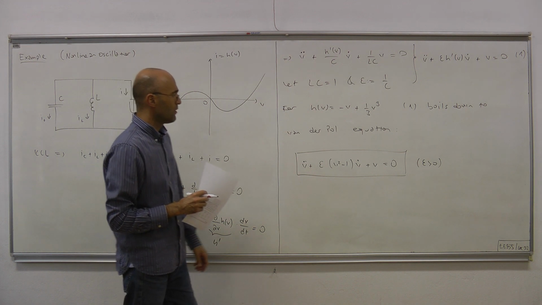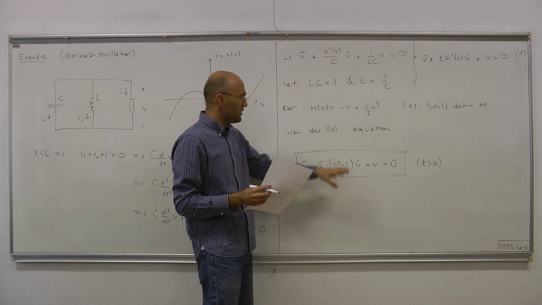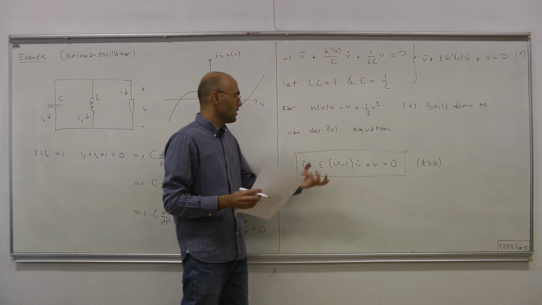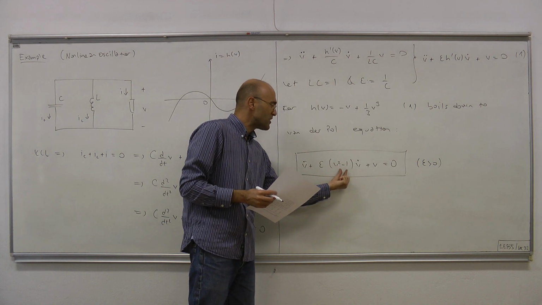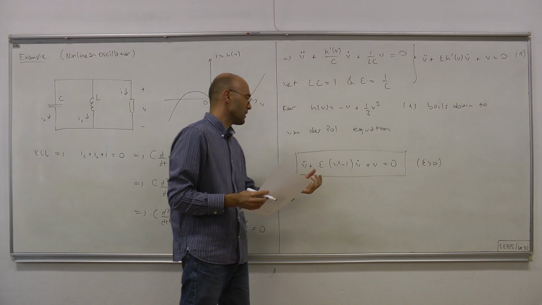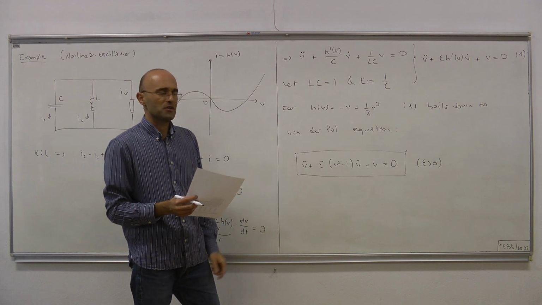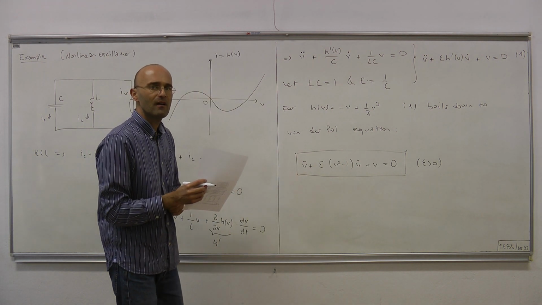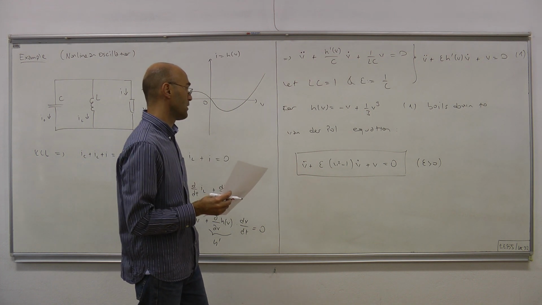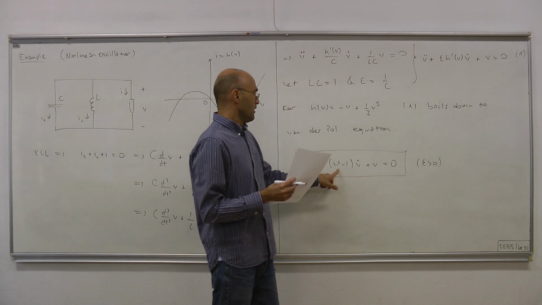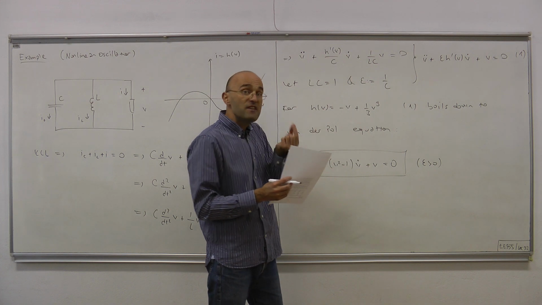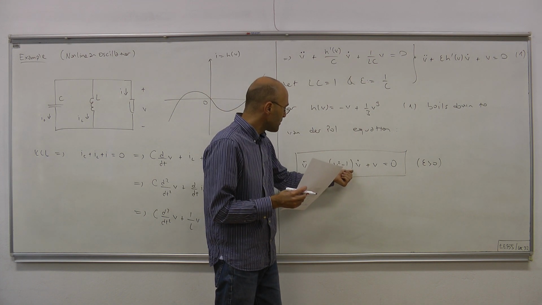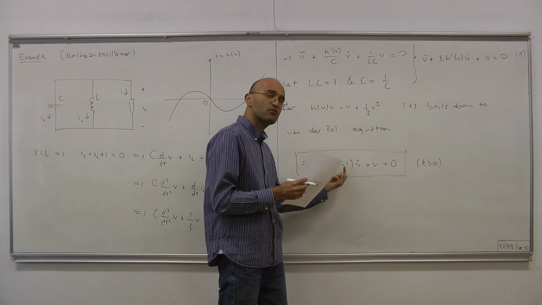Now, to understand very roughly what this thing does, let's consider this term as constant. Even if it's not, this v squared minus 1 term constant, in that case this becomes a homogeneous second order linear differential equation. If this is constant, and for v small, here we have a negative term.